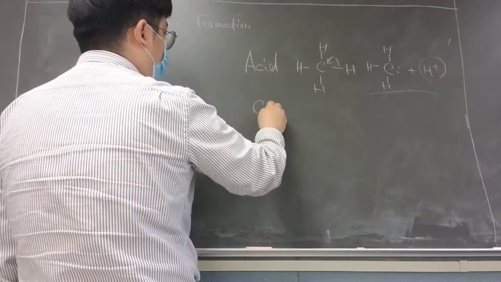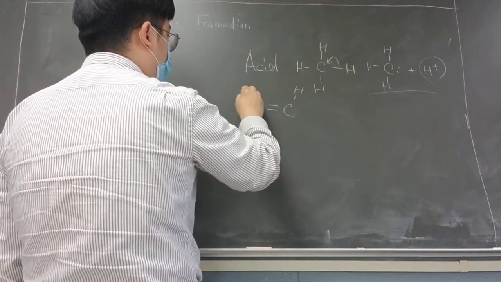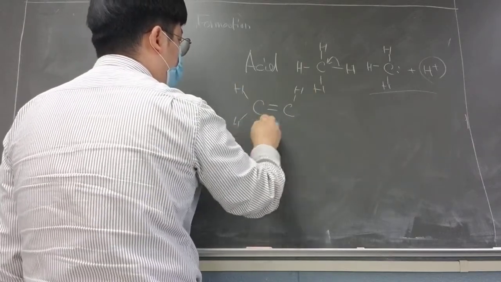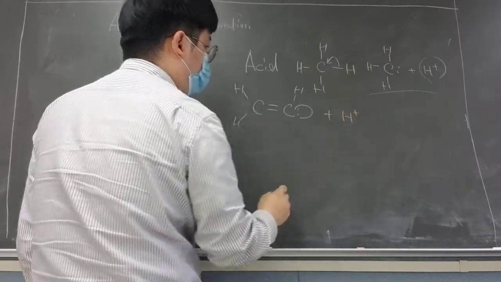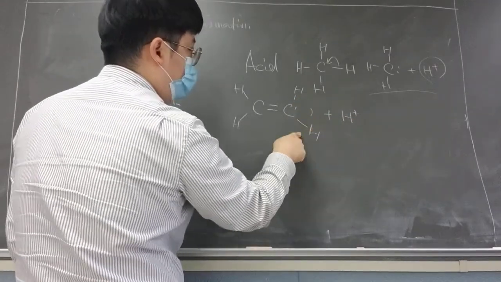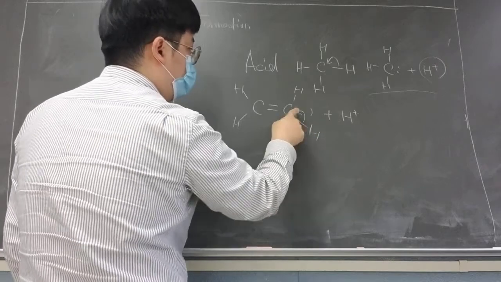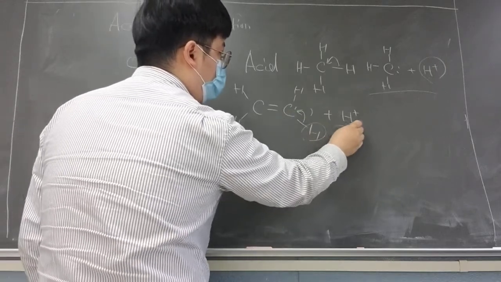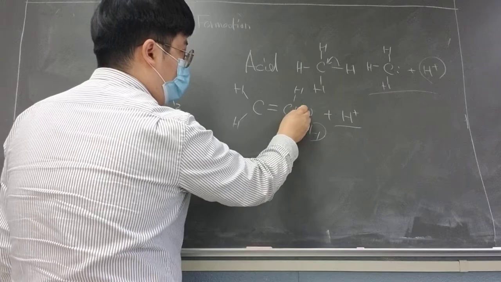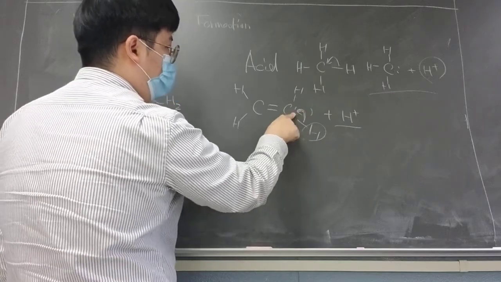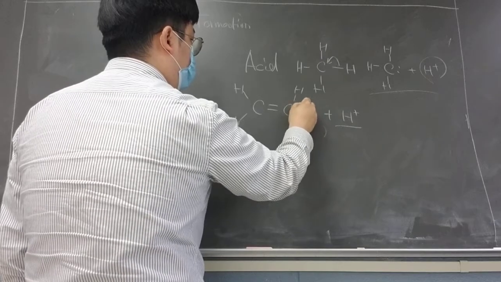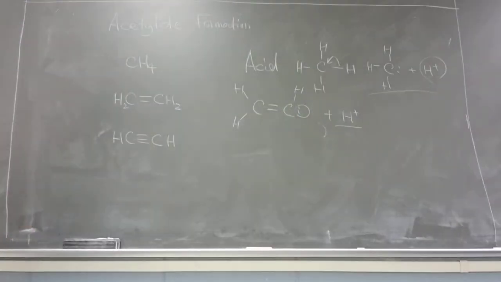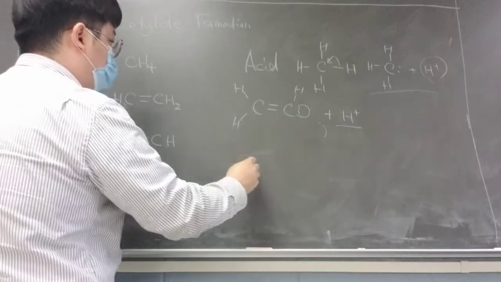Also, you can do this one. Once again, here's hydrogen. They just release the hydrogen in the form of a cation, so the electrons go here and it becomes an anion here, and this is the same.